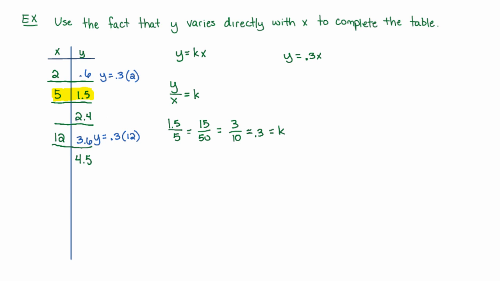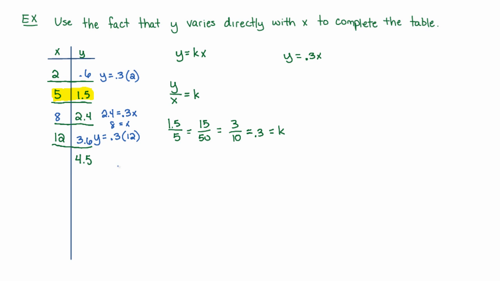And then to find the x values for these two y values, well, again, I know that if the y value is 2.4, it's related to x via that formula. The y is equal to 0.3x, so 2.4 is equal to 0.3x. If I divide both sides by 0.3, I will get that x is equal to 8.